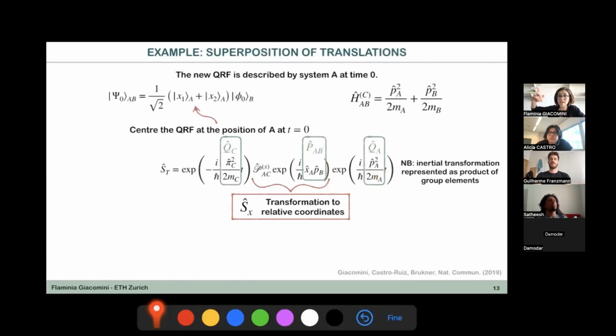But of course, now we change to the quantum reference frame of C, so we have to add the time evolution, so the time translation operator in the new quantum reference frame.